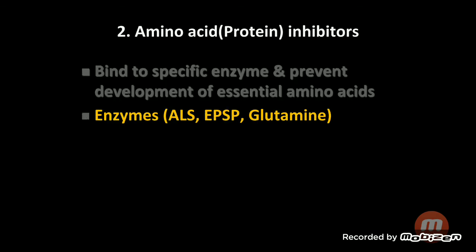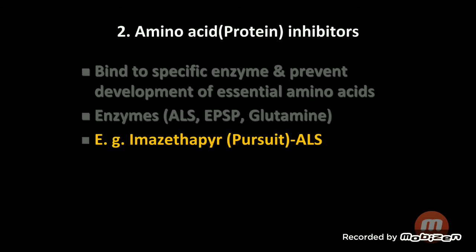Some essential enzymes are ALS, EPSP enzyme, glutamine enzyme. These are some examples. These enzymes are critical for production of amino acids, and their functioning is inhibited by the herbicides.